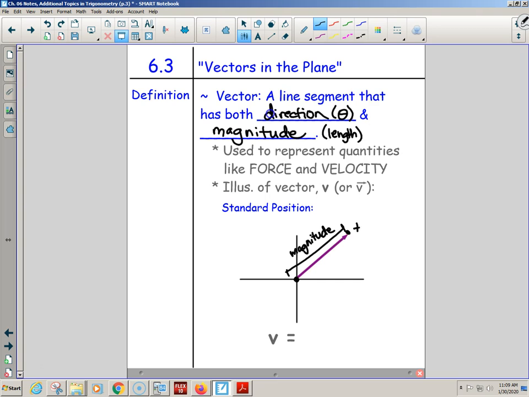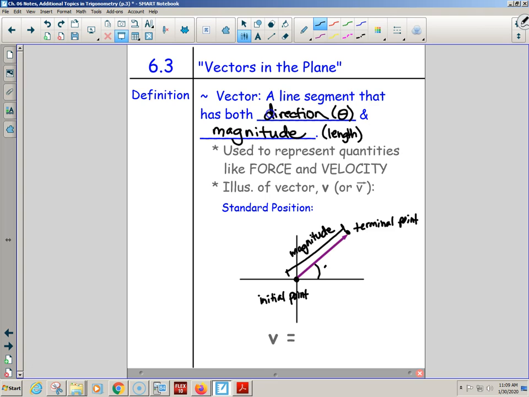Out here, we can call this the terminal point. Terminal, ending, terminate, right? The terminal point, and then over here we have the initial point. It's kind of similar to an angle with an initial side and a terminal side.